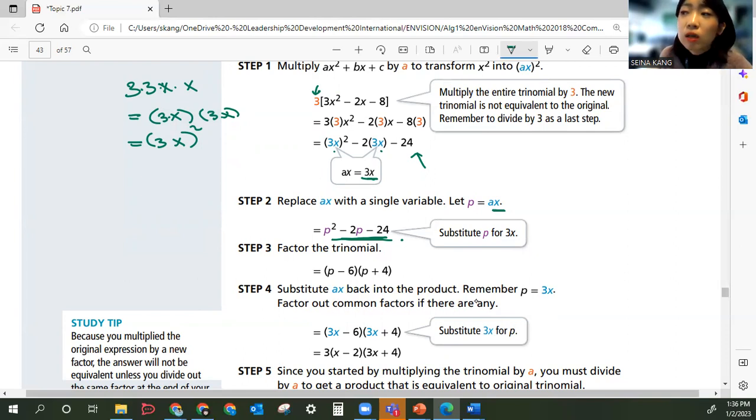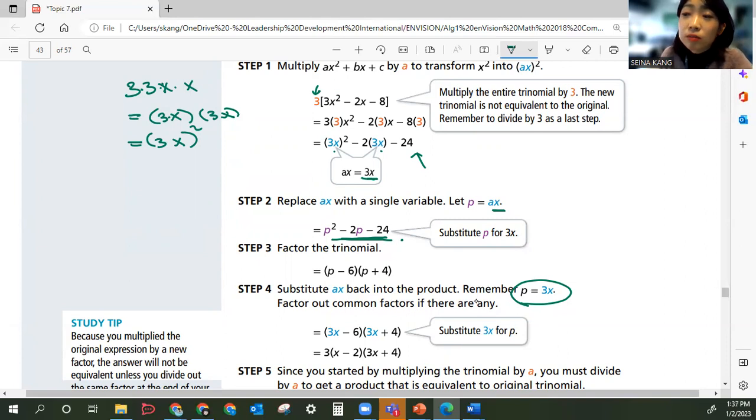So substitute 3x for p, and you get 3x minus 6 times 3x plus 4, right? As long as they're equivalent, you can substitute back and forth as many times as you want. And in this case, it really helps to substitute a single variable in there, and then substitute it back with whatever your ax was, okay?